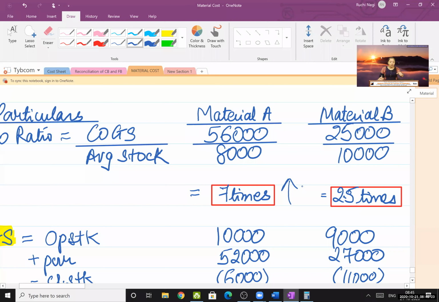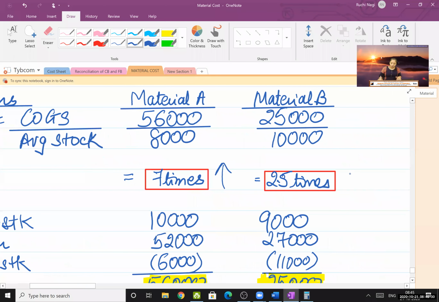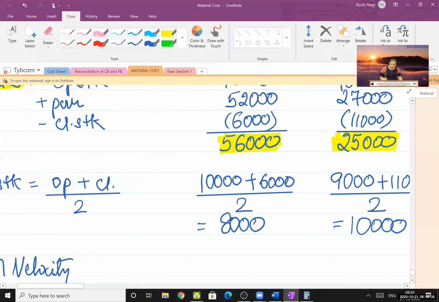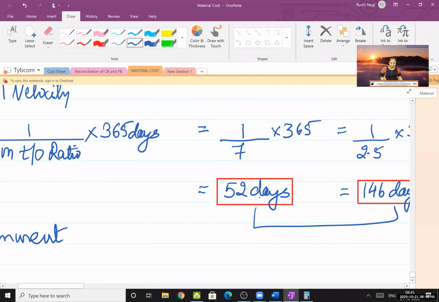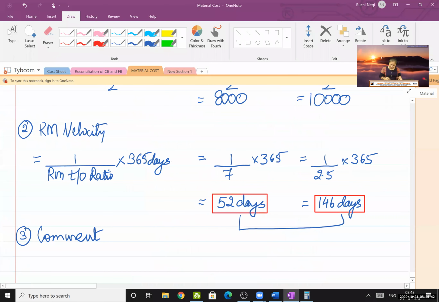This is higher. So the higher the raw material turnover ratio, it indicates fast moving goods, and the lower the stock turnover ratio, it indicates slow moving goods. Okay, so that was the meaning. But I generally decide on the basis of velocity because that is better.